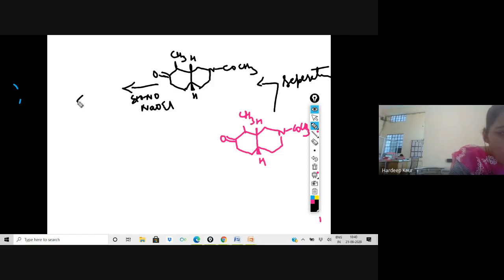So the product formed is this, COCH3. So this double bond O in the presence of NO is converted into oxime, and there is cleavage of the bond.